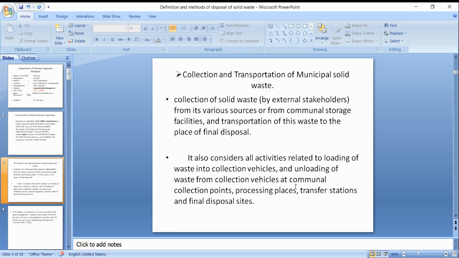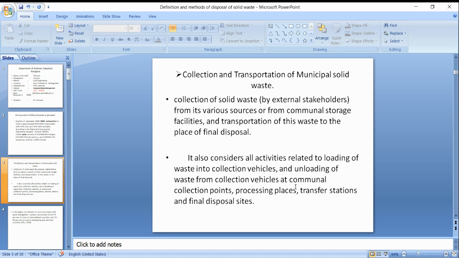Loading of waste into vehicles is one type of activity, and unloading of waste from collection vehicles at a communal collection point is another.